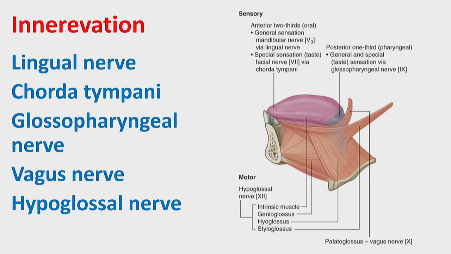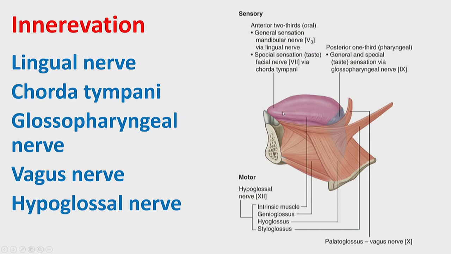And as we said, the tongue has taste perception, yes? So we have a specific nerve for taste, carrying the taste fibers to different parts of the brain for the perception of taste, yes? There are different centers, for example, for the perception of hot and cold, when you eat hot food or cold food, yes? That's why you have a special sensation, because taste is a special sensation, or you can say taste fiber innervation of the tongue.